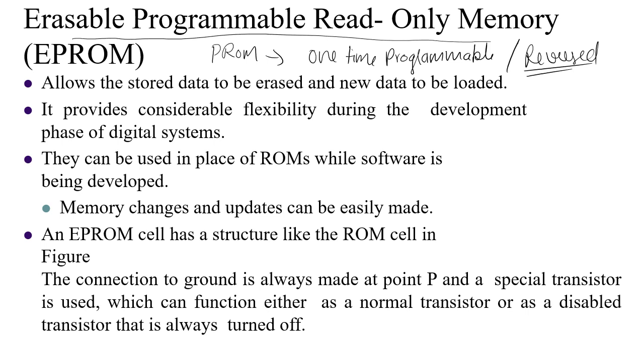If you make any mistake while writing or burning the fuse, it is permanent, you cannot reverse it back. The memory will not serve the purpose. So to avoid that risk of wastage of memory, we have erasable programmable read-only memory.